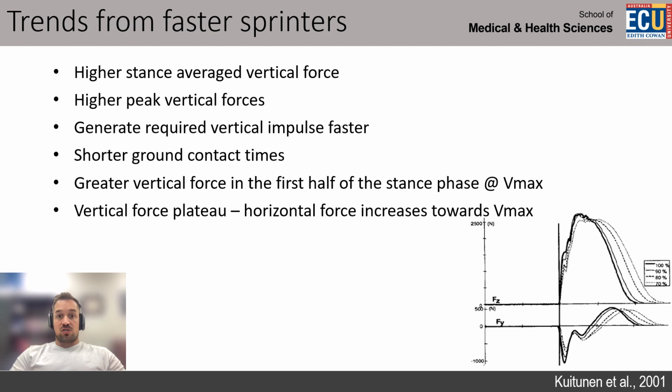Think of the force-length relationship and the force-velocity relationship. So that just describes that your acceleration comes to a halt, and the increase in horizontal forces isn't a strategy you use to get faster. It's a sign that you're about to reach your physical capacities and your acceleration comes to a halt.